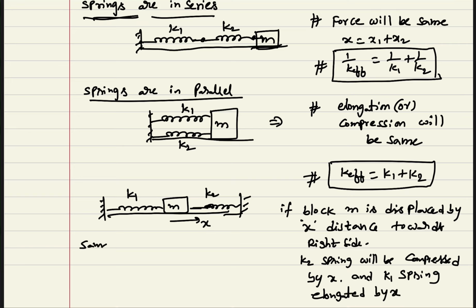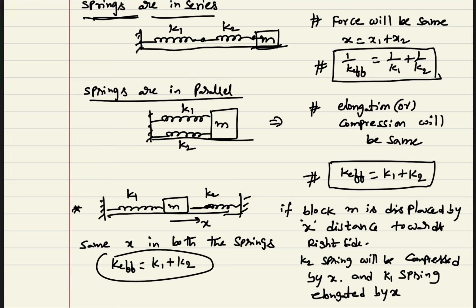So the same x in both the springs. If there is the same x, we can write K effective as K1 plus K2. We can observe that in this situation, it is not a series connection. Underline this point, they are not in series.